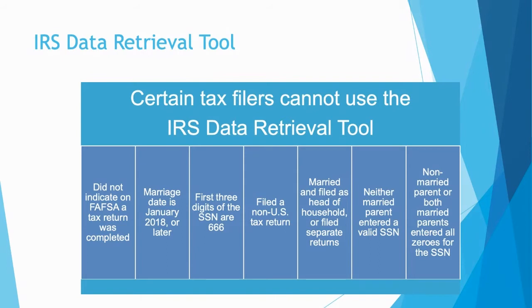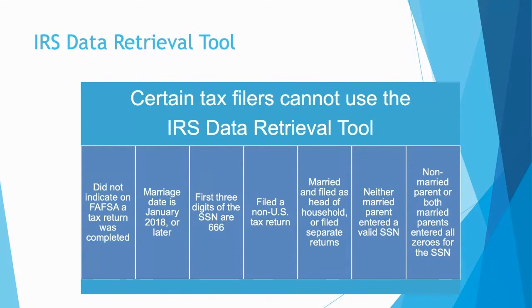There are certain tax filers, though, that are unable to access the IRS data retrieval tool, and those categories are outlined on this slide. They include students who did not mark that the FAFSA for the 2019 tax return is completed, if they have a marriage date that is later than January 2019, that's for dependent students, or for the students if they have a marriage date that is later than that.